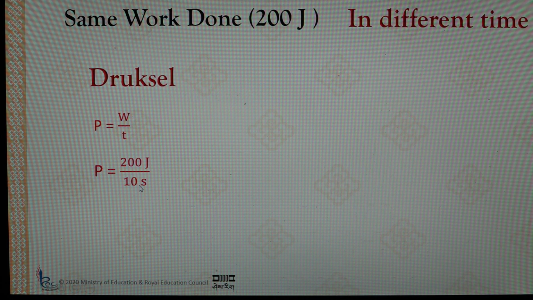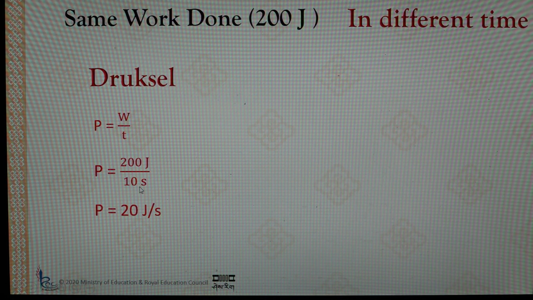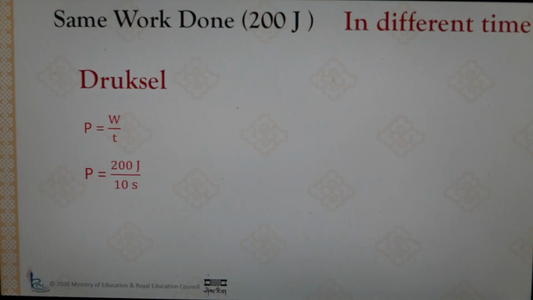The time taken was 10 seconds. On simplifying this, you get power as 20 joule per second. And like I said before, joule per second is watt. So the power of Truxell is 20 watt.